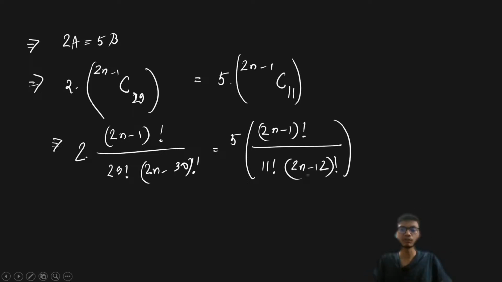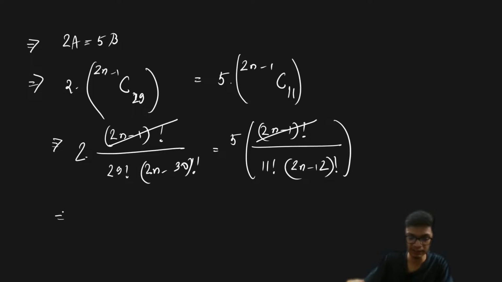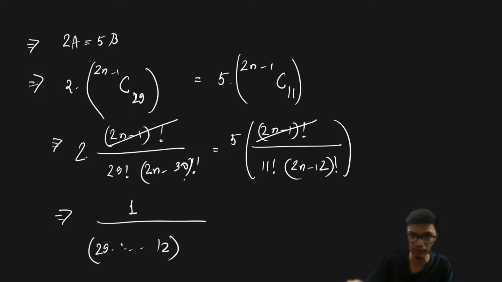Now we will simplify this part. This part and this part get cancelled out, and it will become of the form 1 divided by 29 and so on multiplied up to 12. Because if I cancel out this part, I am left with this continued product till 12.